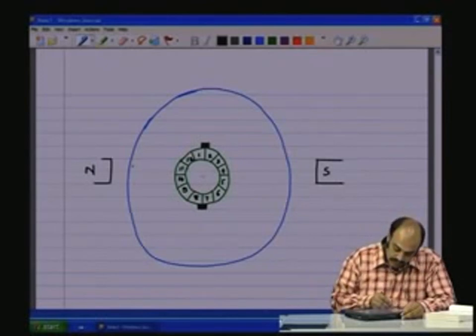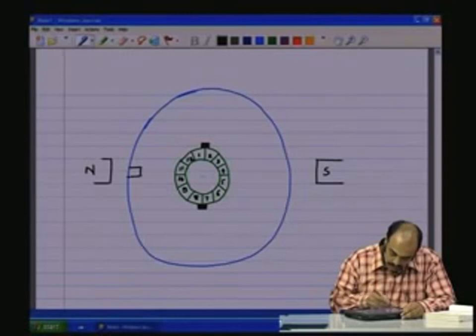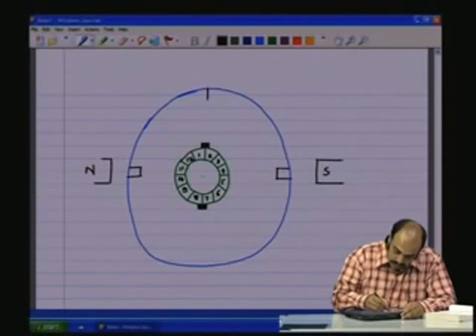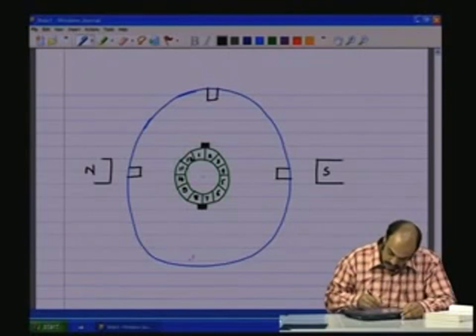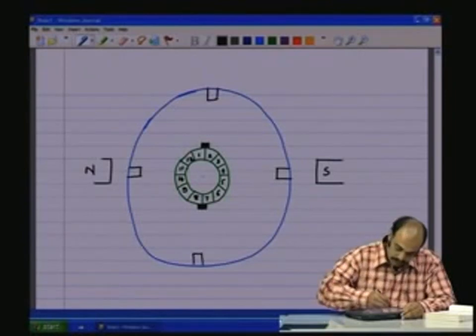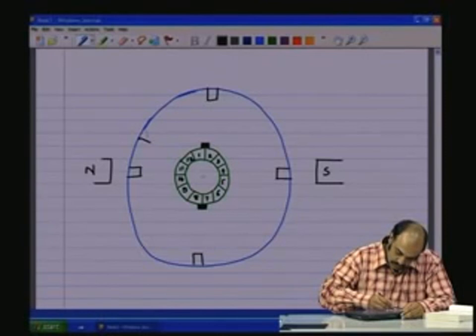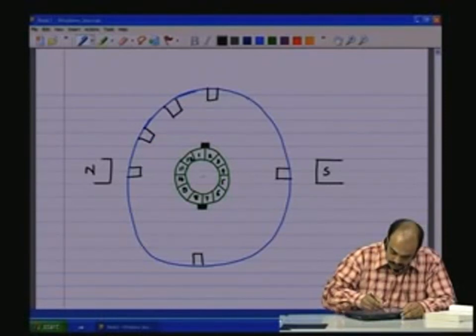There should be 12 slots on the core, the rotating shaft, as shown here.